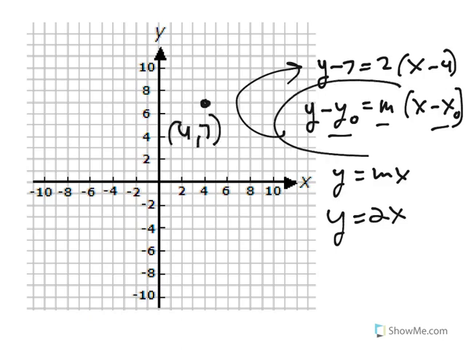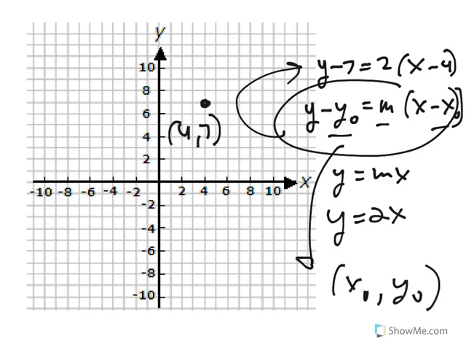So when we see something that has this form to it, one of the points is going to be x0, y0, which in this case is 4, 7. That's the point. Then the slope is just going to be from that point. In this case, the slope is 2. So from that point, I go 1 to the right, 2 up, 1 to the right, 2 up. And that's how you graph the point-slope form of a line.